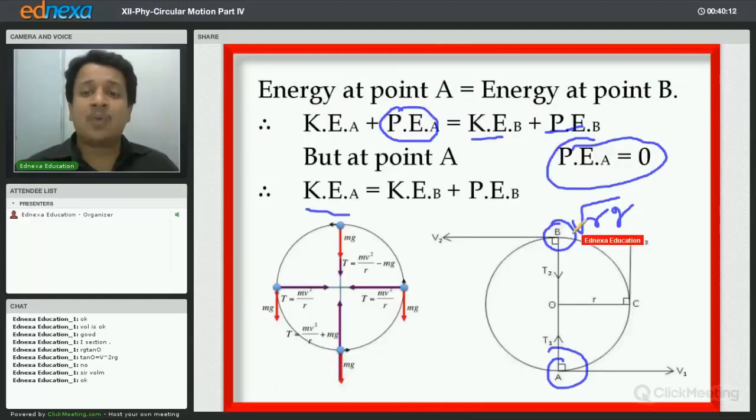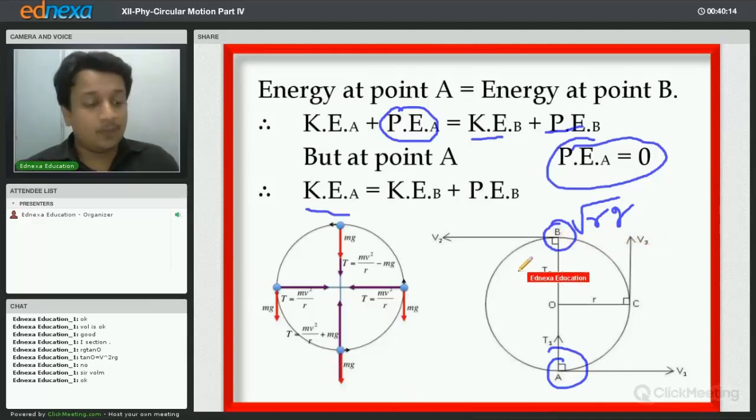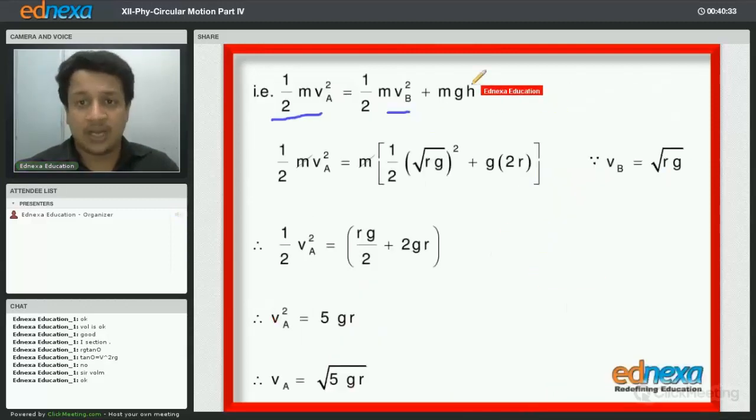So this is height of point B, no? This point to this point, this distance is r, and O to B, this is again r. So height of the bob is AB. AB is how much? 2r. So at h we will put 2r.